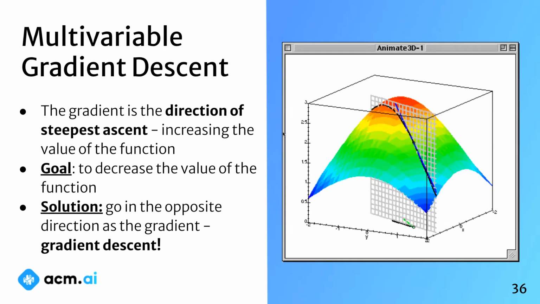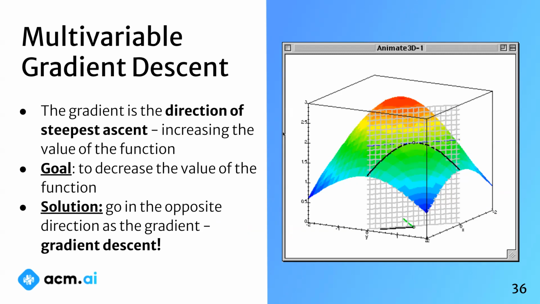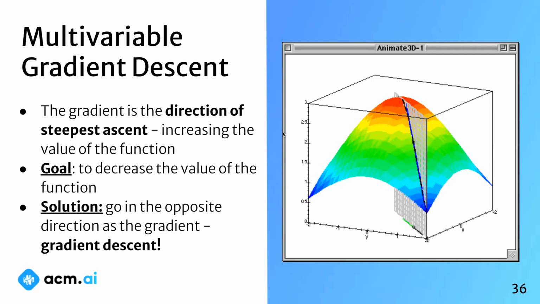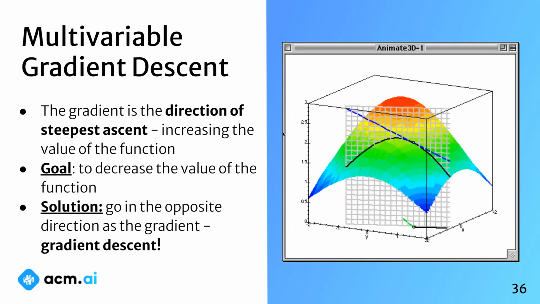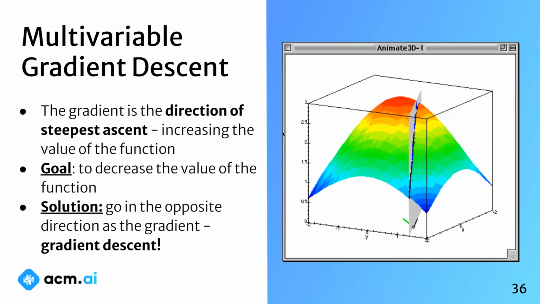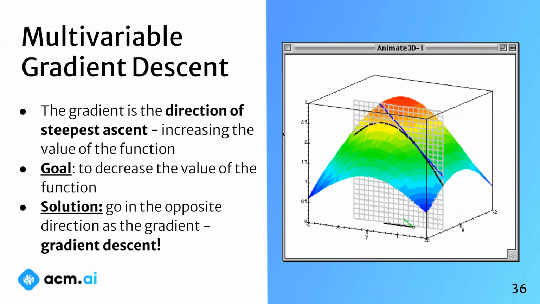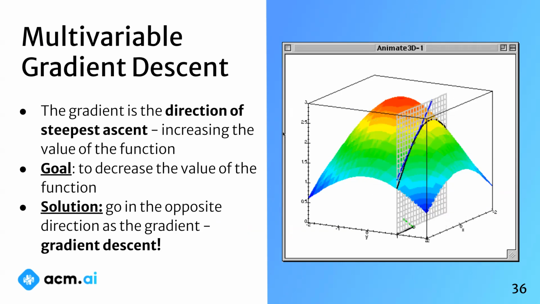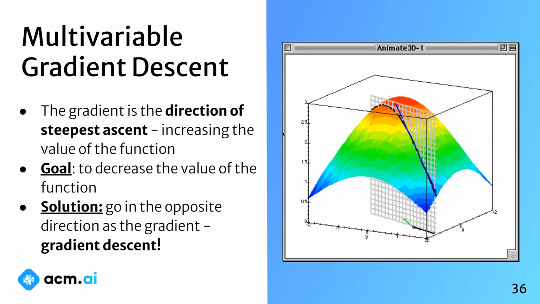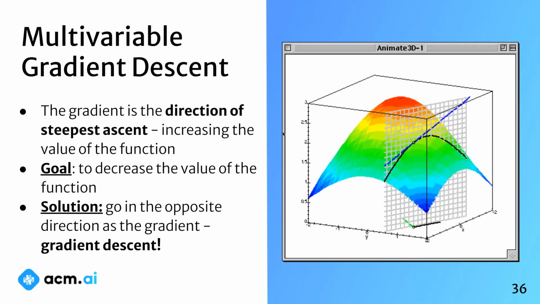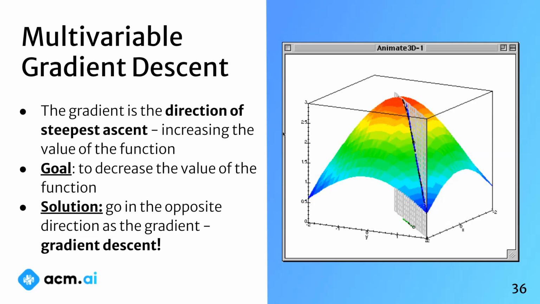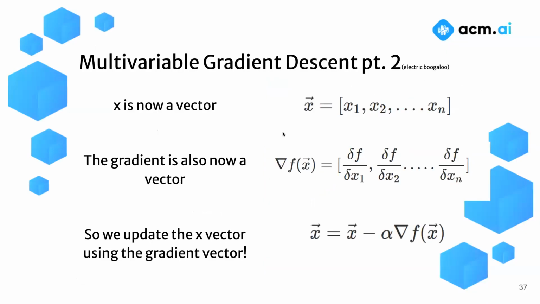Since our entire purpose is to minimize loss, we're going to want to decrease the value of this function. So we're going to go in the opposite direction of the gradient, and that is what we call gradient descent. We don't want to go in the same direction as the gradient, we go in the opposite, and that's how we get gradient descent. Any questions so far? Cool.